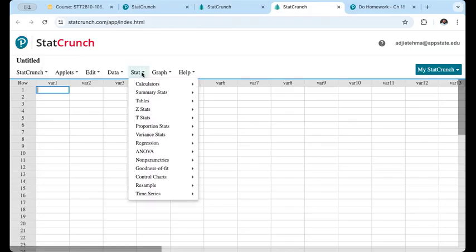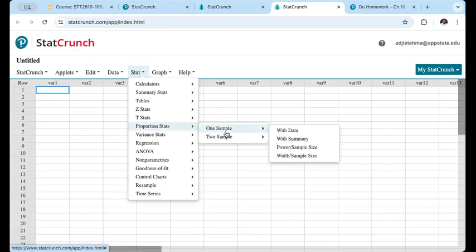We go to stats, proportion, one sample, and then with summary.